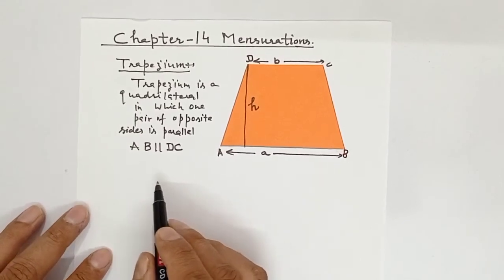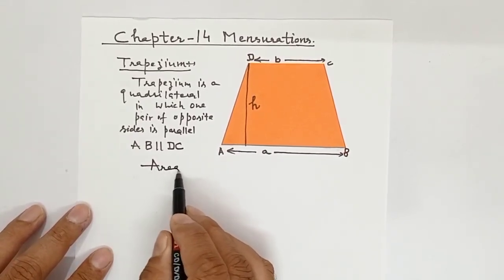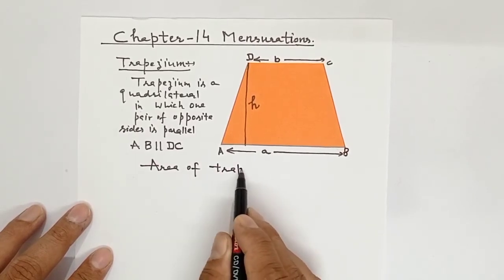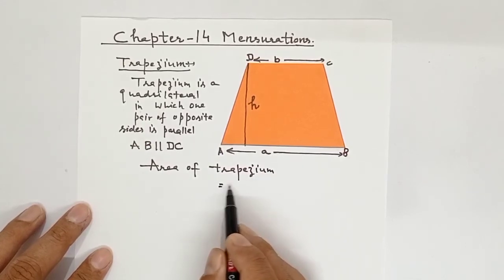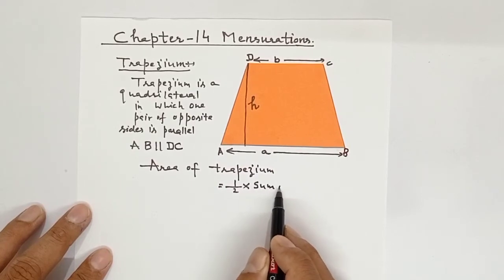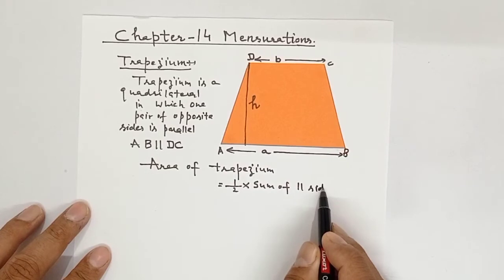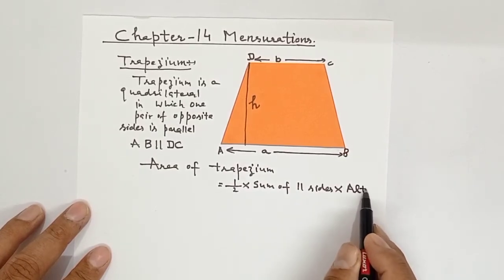So we will find its area now. Area of trapezium is equal to 1 by 2 multiplied by sum of parallel sides multiplied by altitude.